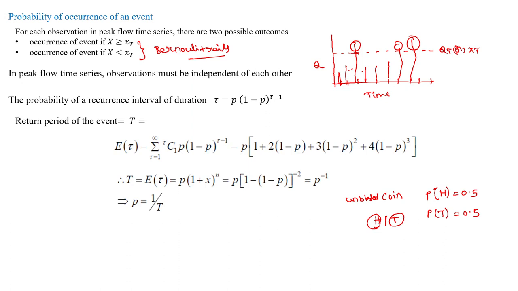But here, we don't know the probability of observing x greater than xt, as well as the probability of x less than or equal to xt. What I mean to say is that these probabilities follow a Bernoulli process, and we can model this variable with the Bernoulli distribution.